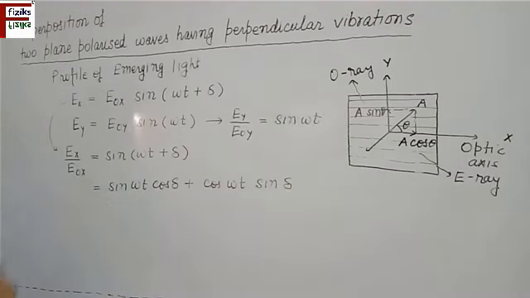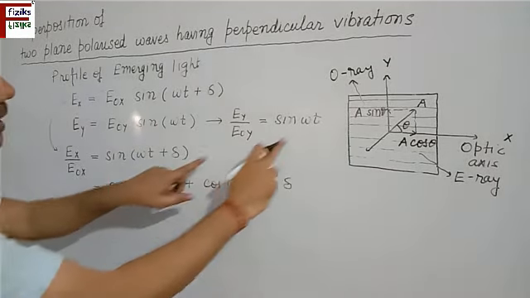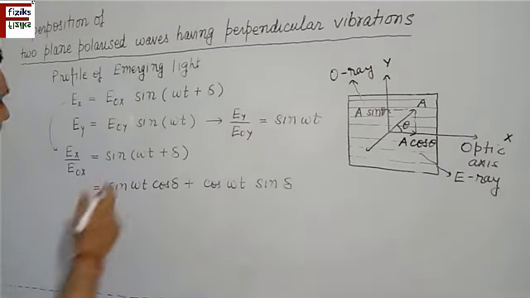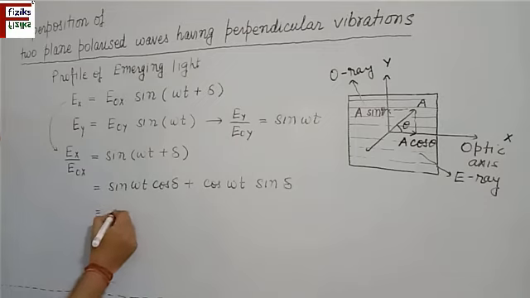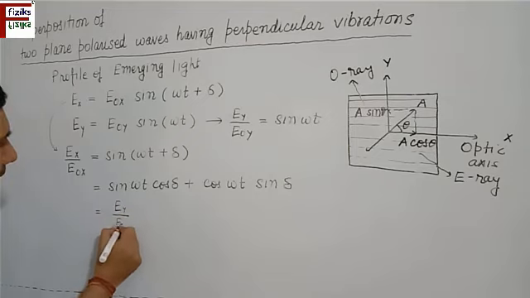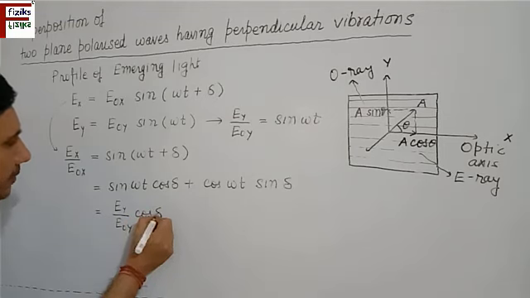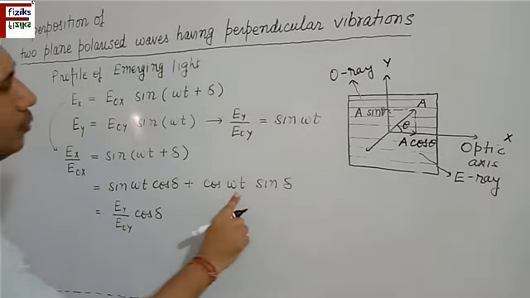So this is Ex upon E naught x. Now what is the value of sine omega t? From here I can substitute the value of sine omega t. So in place of sine omega t I will write Ey upon E naught y, and cos delta. And here I have cos omega t.